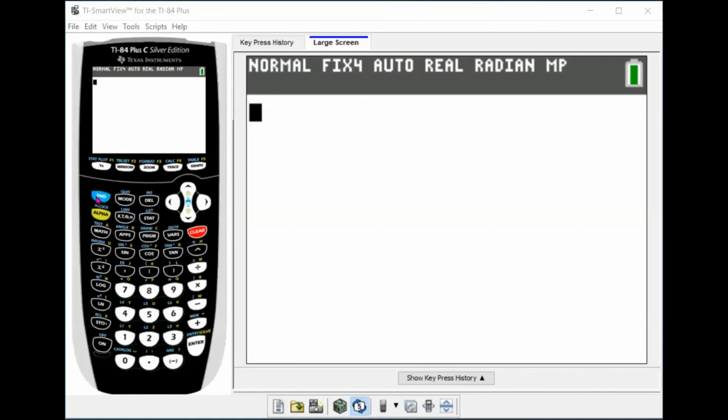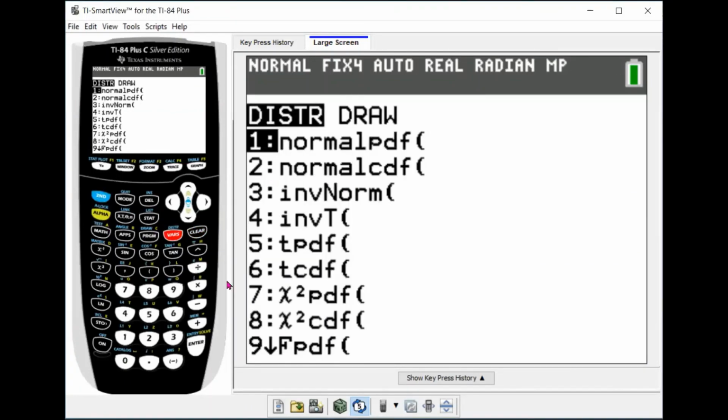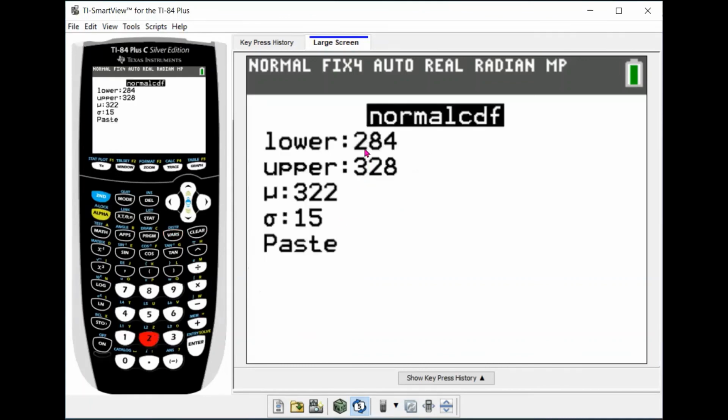In order to find this value, we type this in the TI-84 calculator. We go to second, then vars, and then number 2 for normal CDF. Lower boundary is 12.3. Upper boundary, we go to infinity, so E99. If you press second and comma, that's E, then 99. Mean for the distribution, 12.6. And the standard deviation is 0.5428.